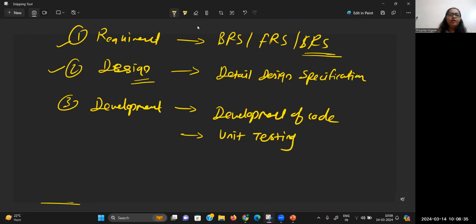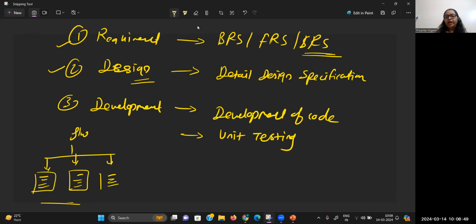As I told you, whenever software includes multiple modules, correct? So how do the developers start writing their logic? They don't write every module at once. Generally, every module they prepare separately, every module they test separately. So whenever the software application or the smallest part of the application is getting tested by developers separately or in isolation, that is called unit testing.